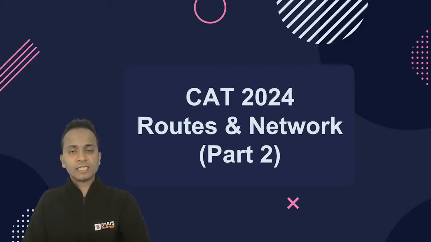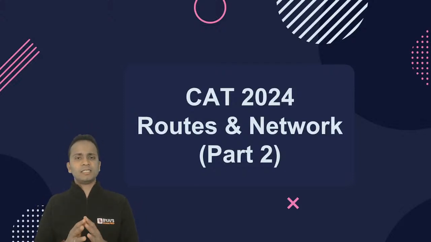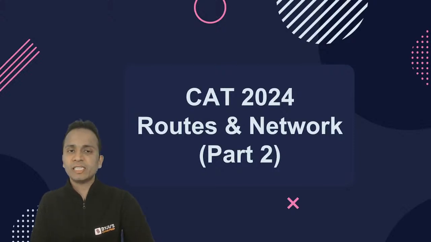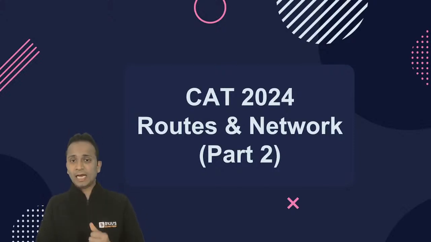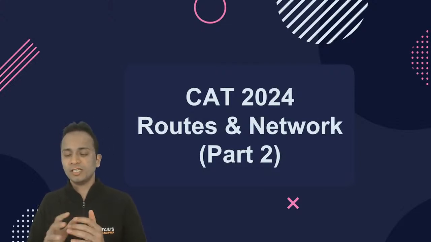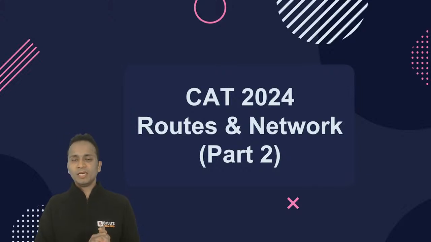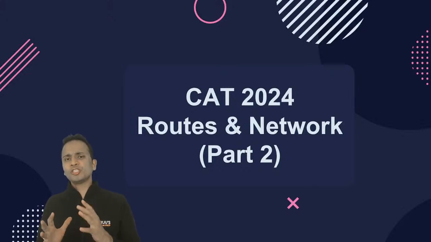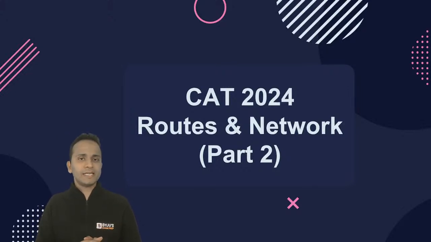Now friends, like I told you, I'll be discussing one complete set of routes and networks that has appeared recently in the CAT examination. This set, by far, I would say, was one of the most confusing sets that we have seen from routes and networks in CAT. There were four questions based on this set.